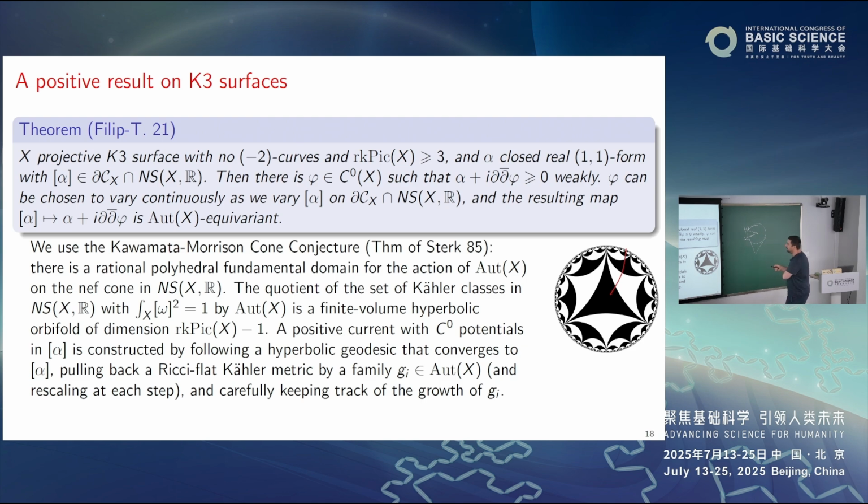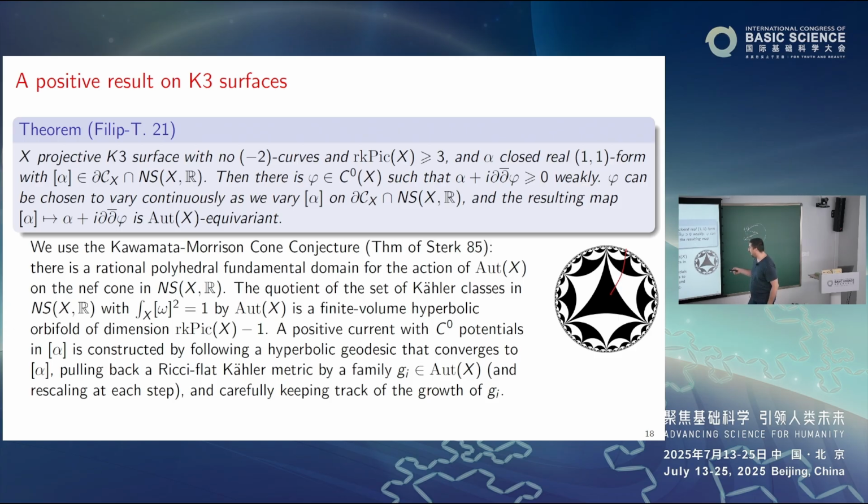So the point is, with these assumptions, there is the Kawamata-Morrison-Cone conjecture, which is actually a theorem of Sterk, which gives you that if you look at the automorphism group, which was this free product Z/2, Z/2, Z/2, this enormous group, it acts on the Néron-Severi group and acts on the nef cone, the closure of the Kähler cone.